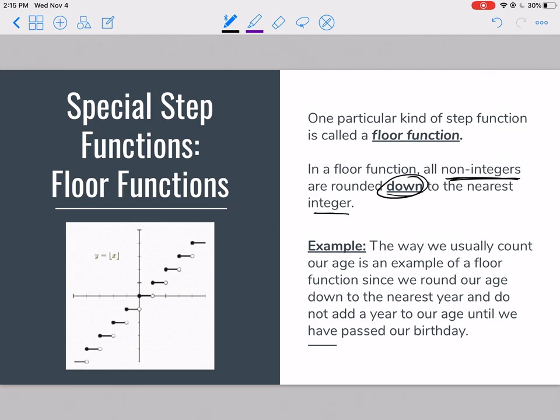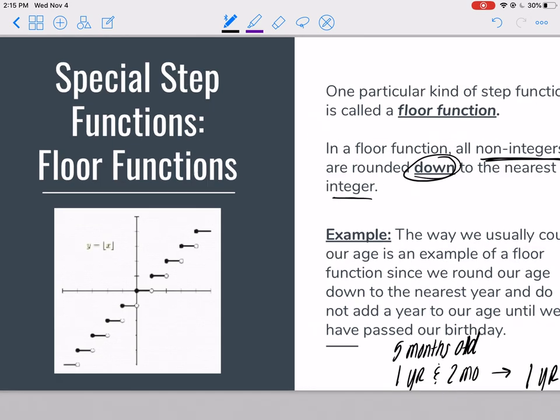When you are born, you don't say you are 1 year old until you've actually had a full year of life. So you might say, oh, the baby's 5 months old. You're rounding down instead of rounding up to the nearest age, which would be 1 year. Or if a baby is 1 year old and 2 months, we round down to just say that they're 1 year old. Okay?